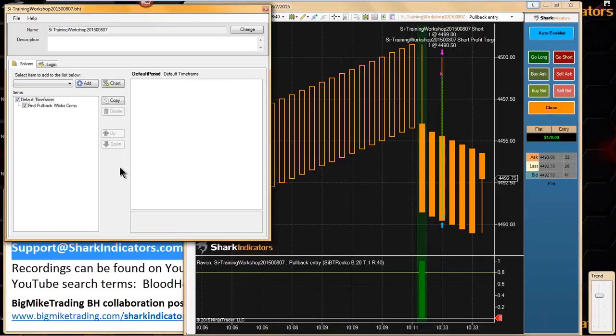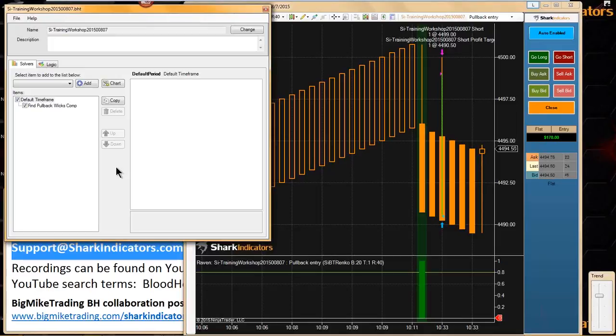Just realize that there could be unexpected issues when doing that. I don't think I've actually seen any off the top of my head, but just going from the concept that this is something that NinjaTrader never intended to happen, right?